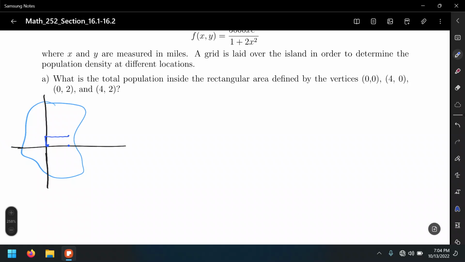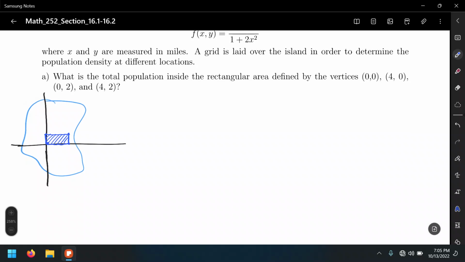So we're going to have this rectangle. We will find the average population inside of this rectangular region. So number one, we're going to find the total population, and then we're going to divide by the area of that rectangle to get the actual average of the population.